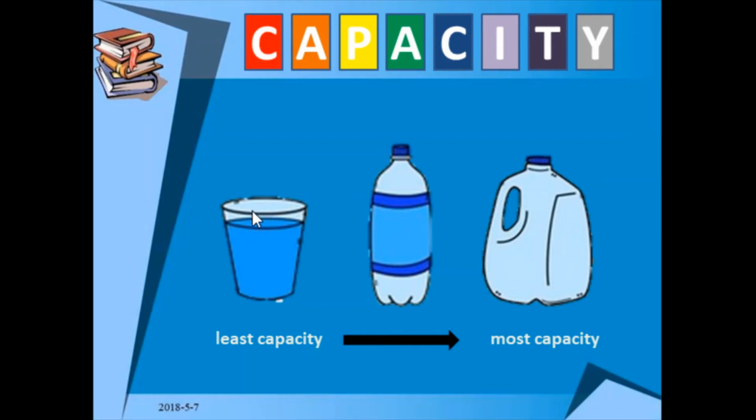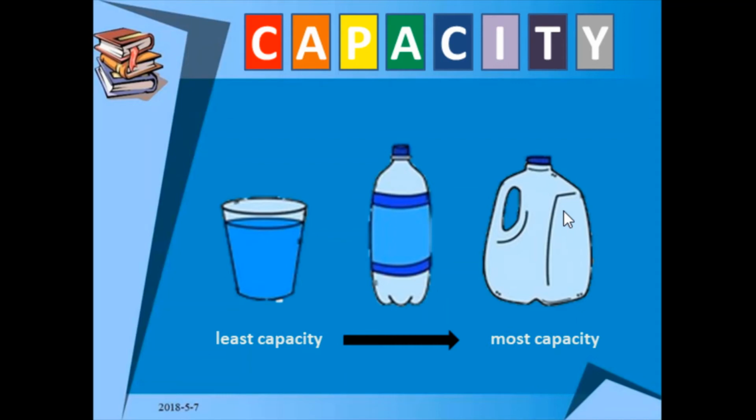The glass is the least capacity, while the jug should probably be the most capacity. A small amount of liquid can be put inside this container, while a large amount of liquid, big amount of liquid, can be placed inside this container.